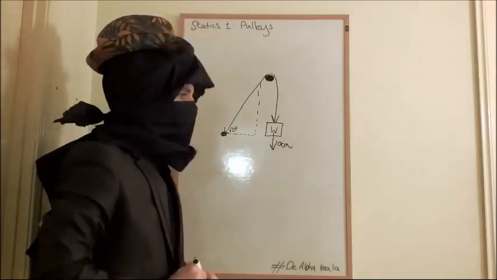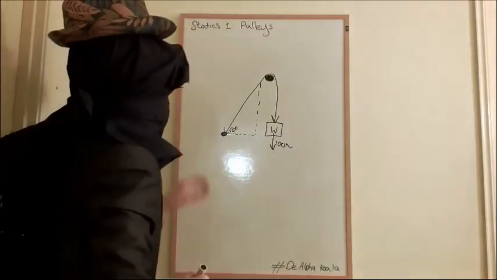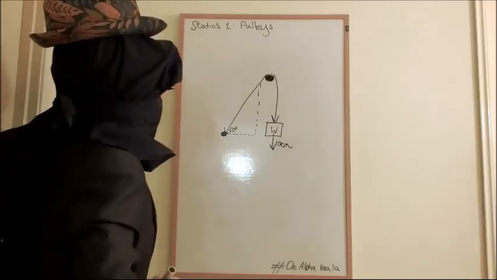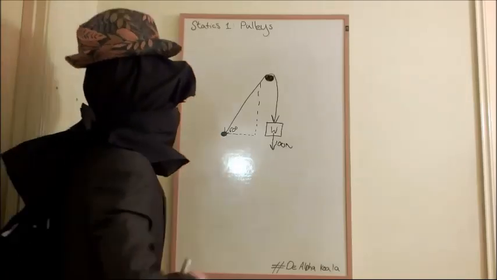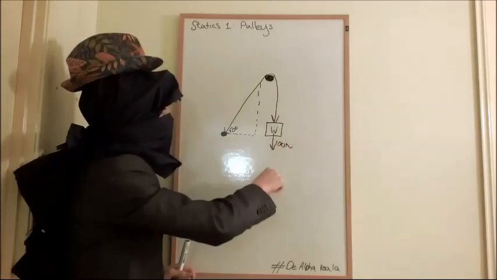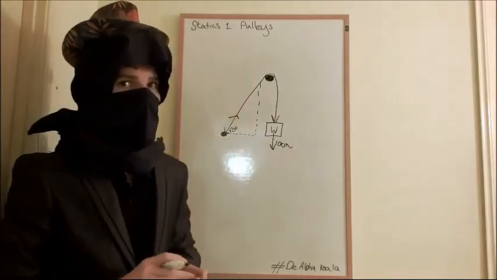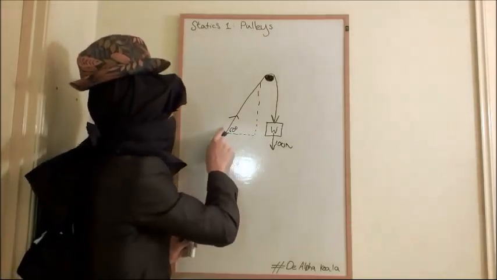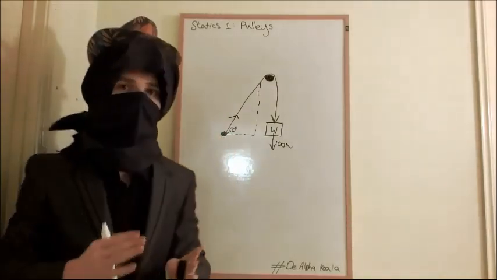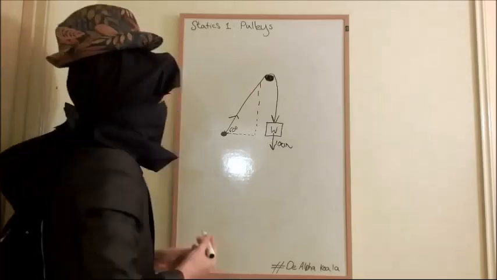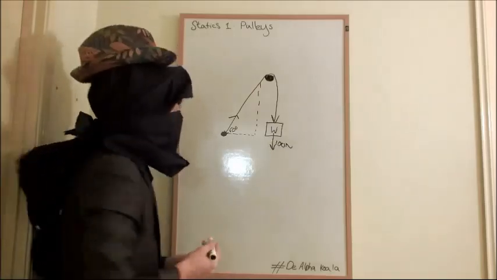The question is going to ask you to find the force acting on this fixed point. If this weight is pulling down at 100 newtons, this rope is going to be pulling that way at 100 newtons. For this point to not be moving, it has to be pulling in the opposite direction at 100 newtons, because that is Newton's first law.